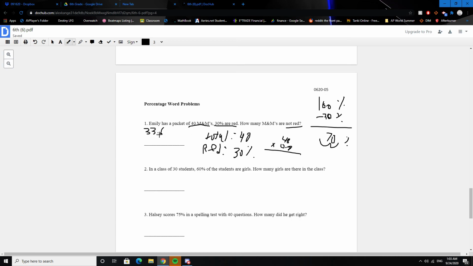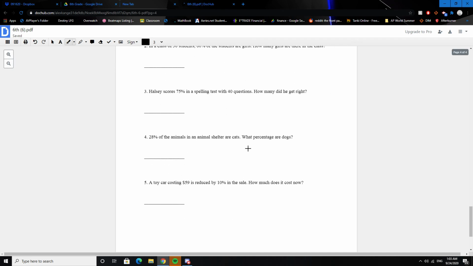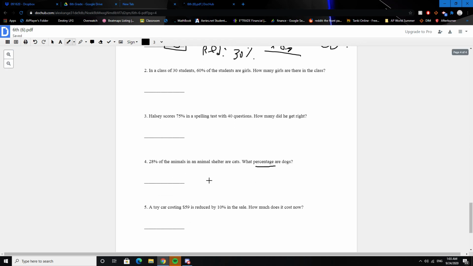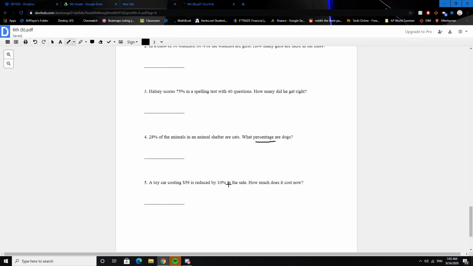You can't have more than what you have, so it would just be 33. It's pretty easy, and it's the same for all of these. They're pretty much the same thing. Some of them just ask for the raw percentage, which isn't too bad. They're just asking for different things.